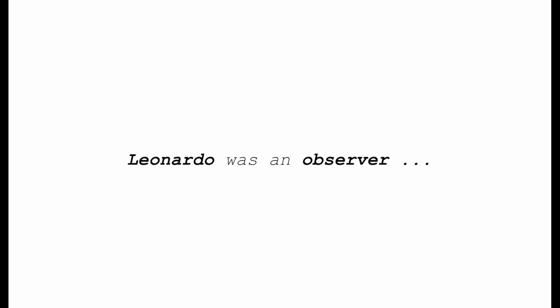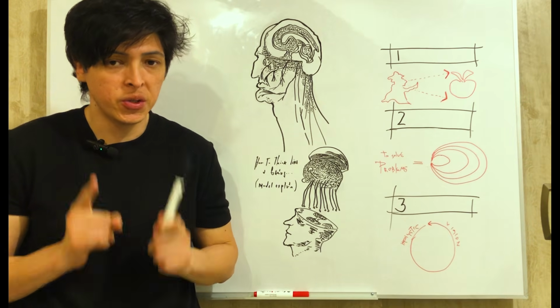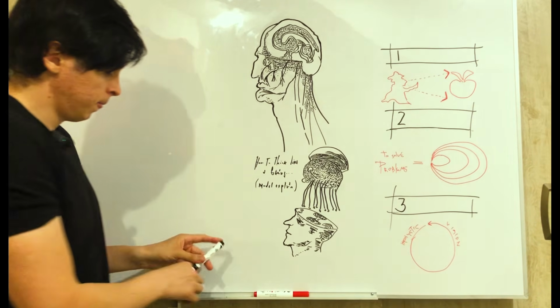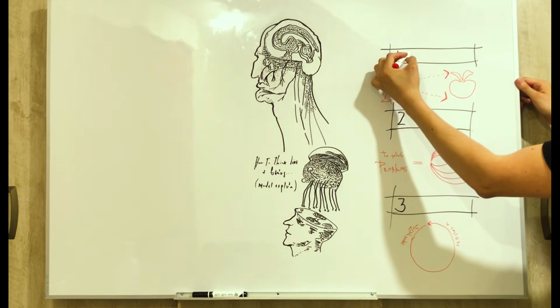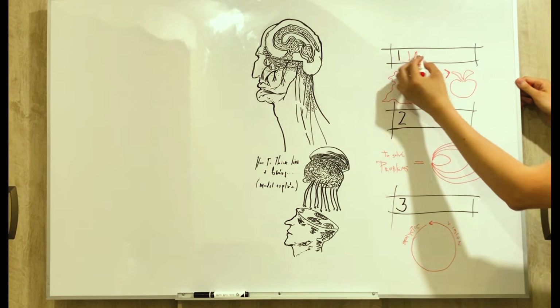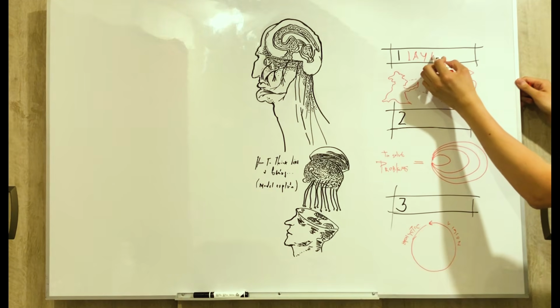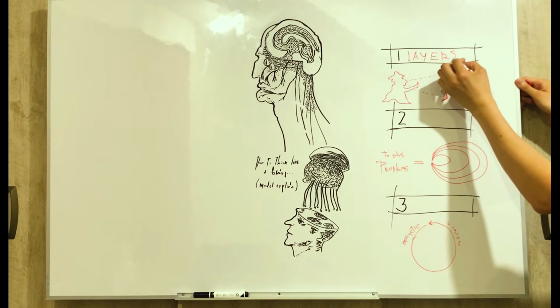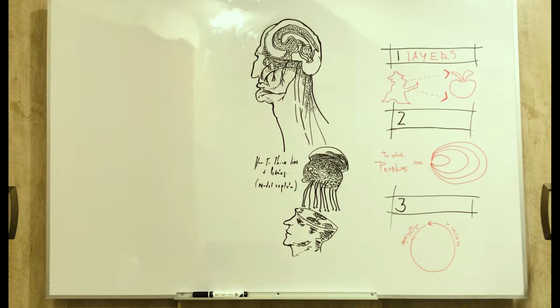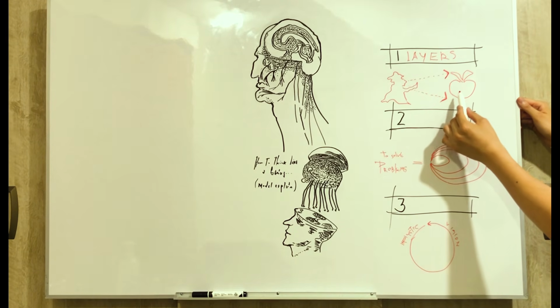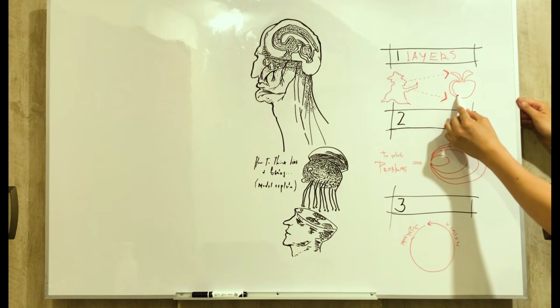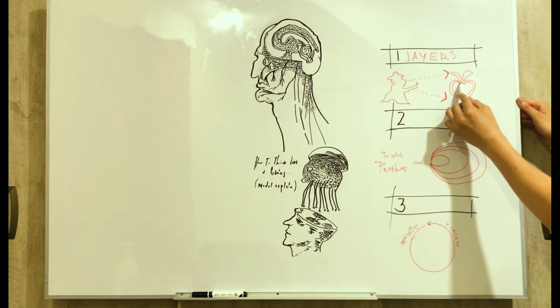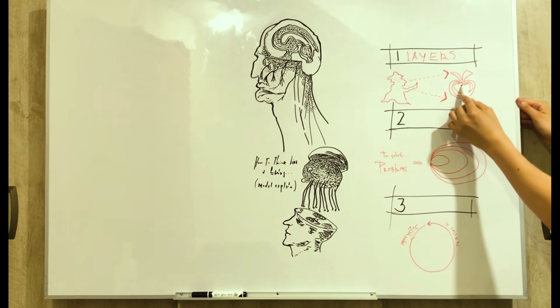Leonardo was an observer, not just a simple observer. Leonardo thought in layers. And the way we can understand how Leonardo thought in layers is like this. He tried to be an observer in different layers and tried to organize and decode simple elements in different frames, different layers.